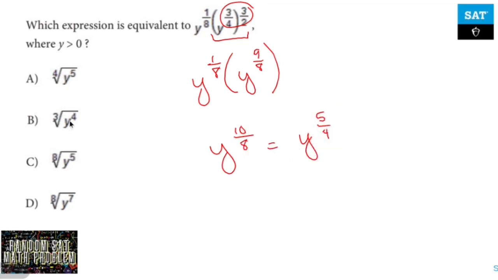They want to turn that into a root or radical form. So the number in the numerator still gets attached to our y, and the number in the denominator acts as the root. So that's what it's going to end up being, which gives us A. That was fun. I like that one.